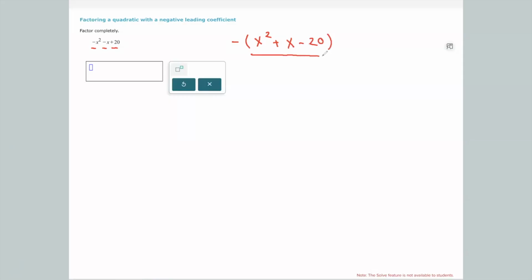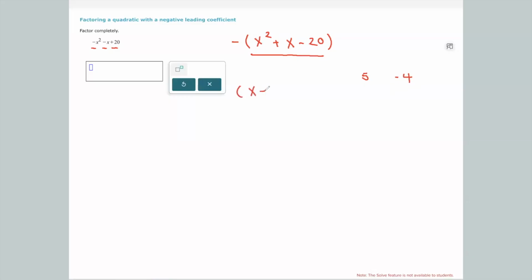And now we can factor this as we'd normally like to, right? So I want two numbers that multiply to negative 20, add to 1, again, because I have this monic polynomial, there's a 1 times x squared. So what if we did something like 5 and negative 4? Because 5 times negative 4 is negative 20, and if I add them together, I get 1.